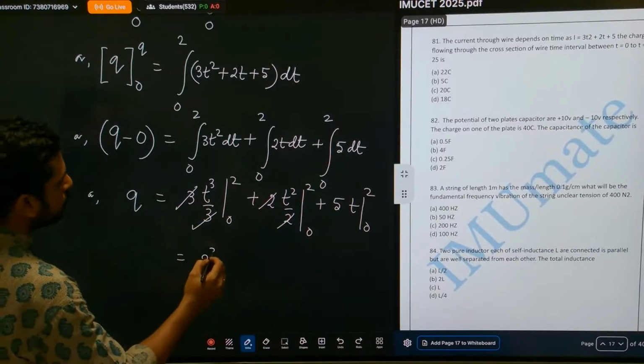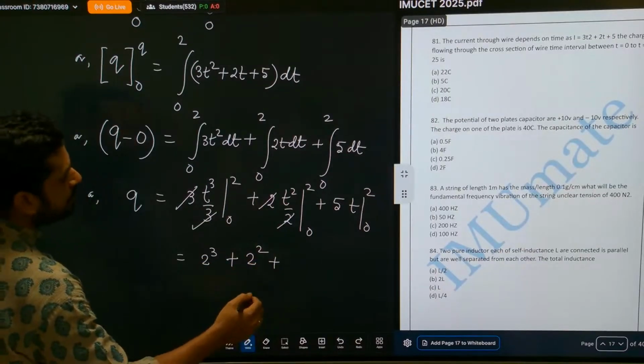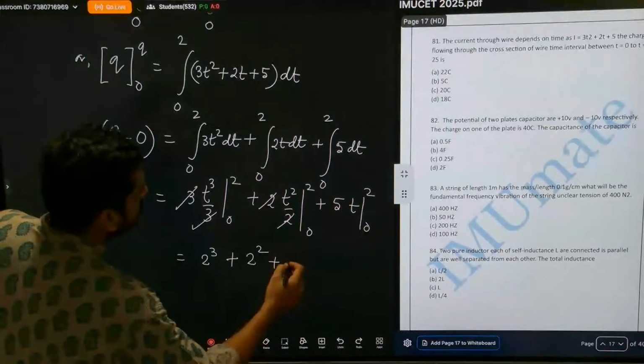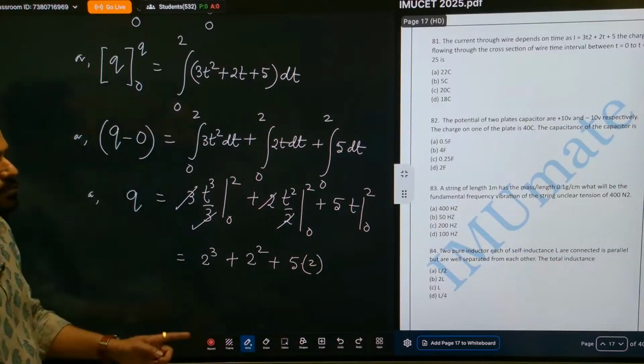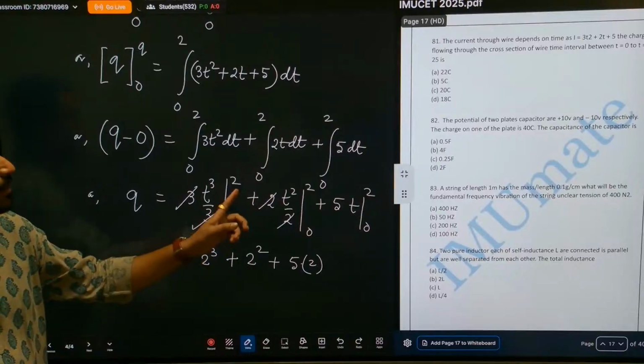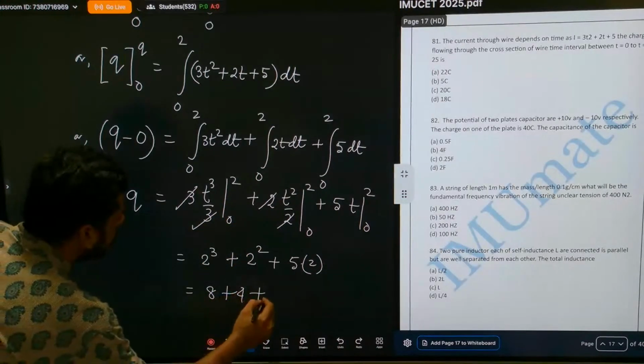So 2 cube plus 2 square plus 5 into 2. Do you know about putting the limits? Upper limit minus lower limit. 8 plus 4 plus 10.